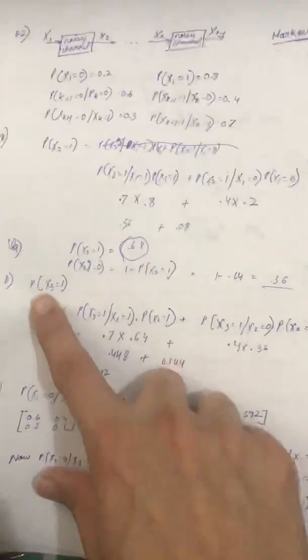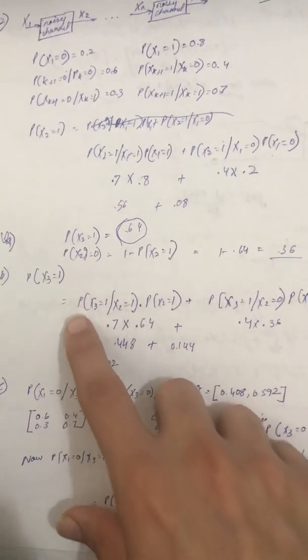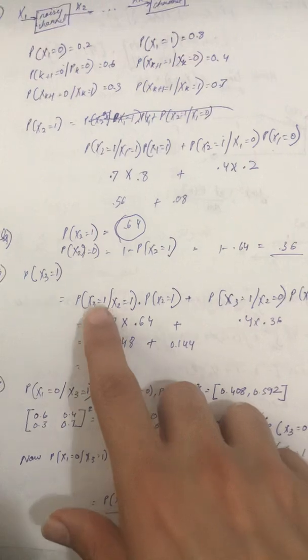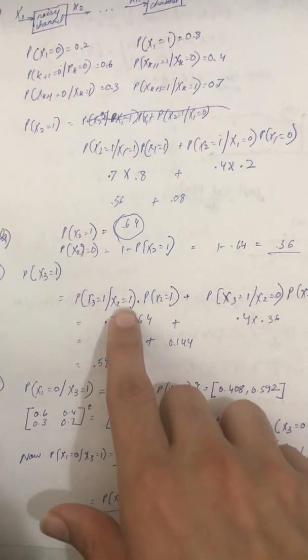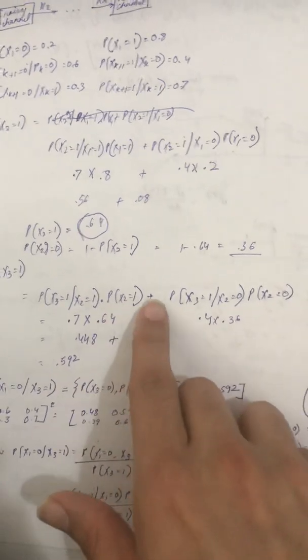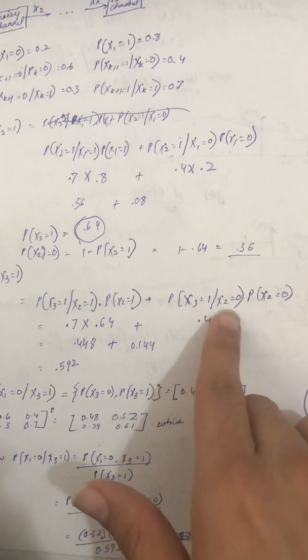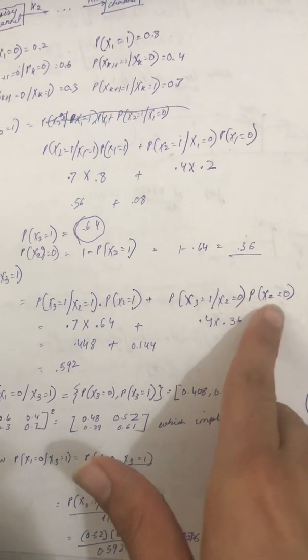Now we find the probability of x3 equal to 1, which is the probability of x3 equal to 1 given x2 equal to 1, times the probability of x2 equal to 1, plus the probability of x3 equal to 1 given x2 equal to 0, times the probability of x2 equal to 0.